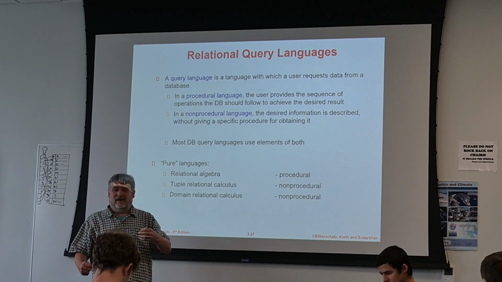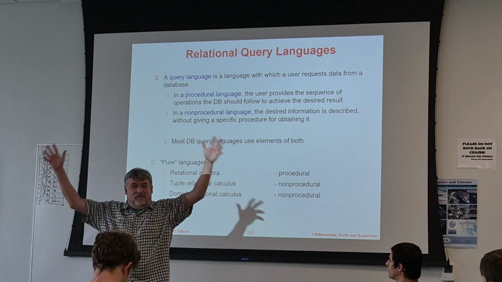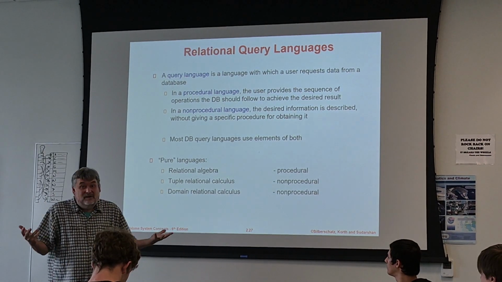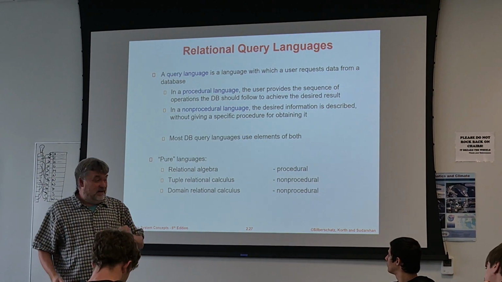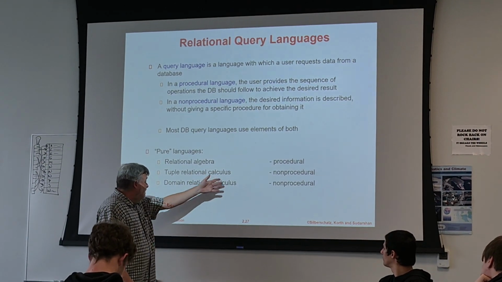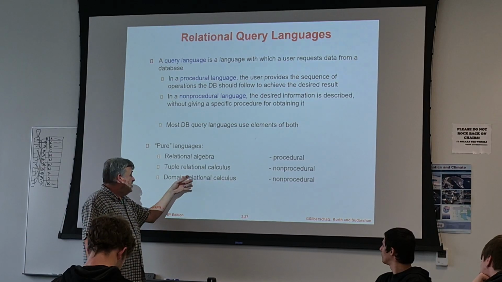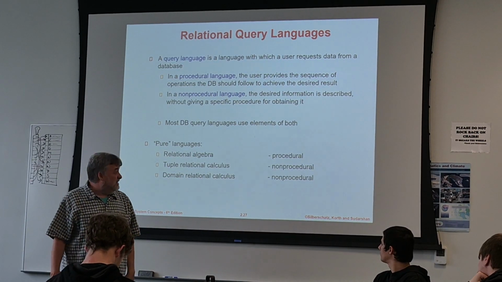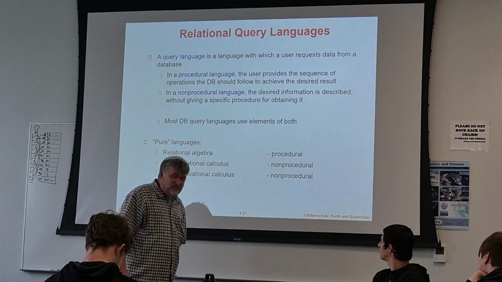You remember what domain is. The domain is all the possible values for a given data type. And tables are built out of data types, a sequence of data types in columns. And so again, another sort of calculus-based, table-based language that focuses on data types. Again, that's a non-procedural language.